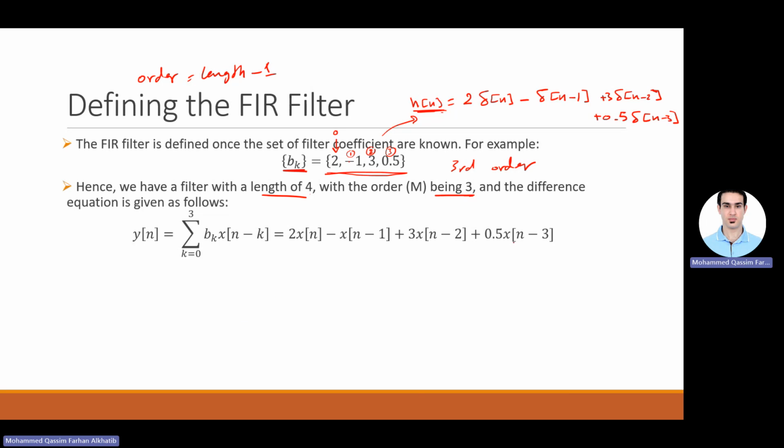Now, the difference equation is basically the relationship between input and output. For any general input sequence x of n, y of n equals x of n convolved with h of n. Now, h of n is given as this sequence of coefficients.